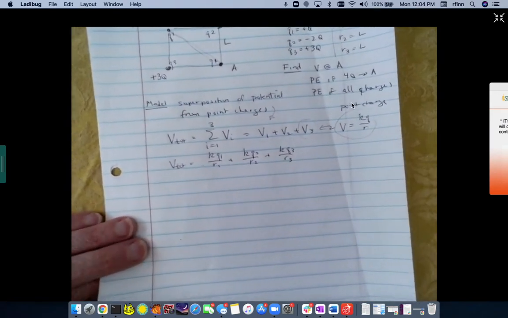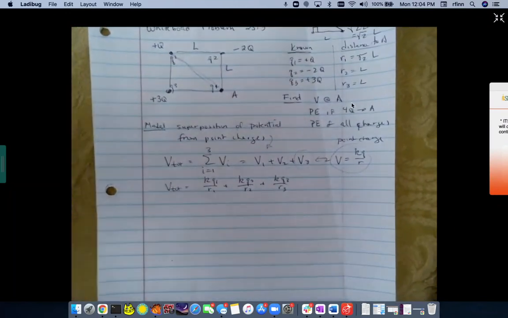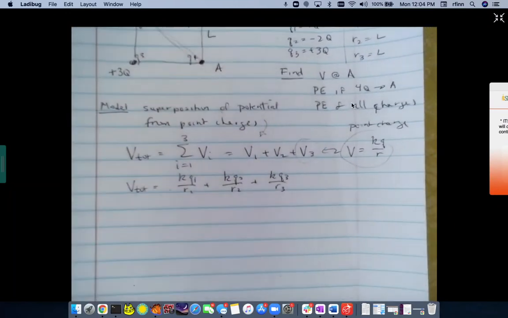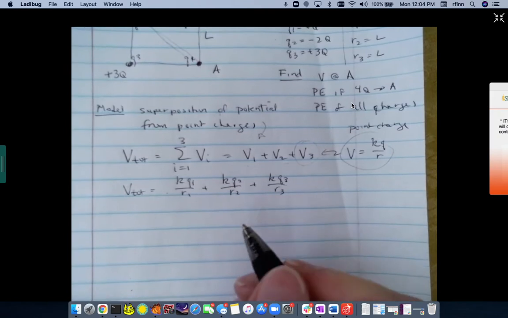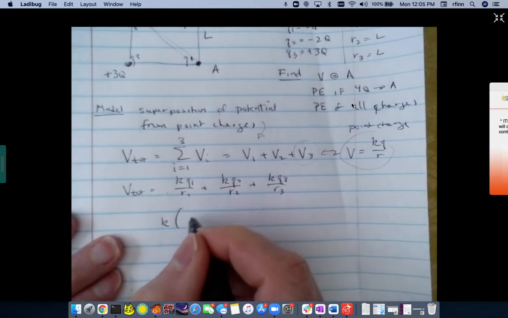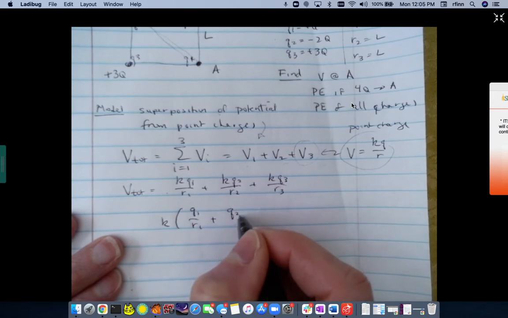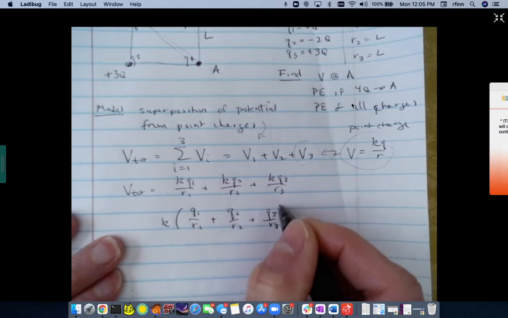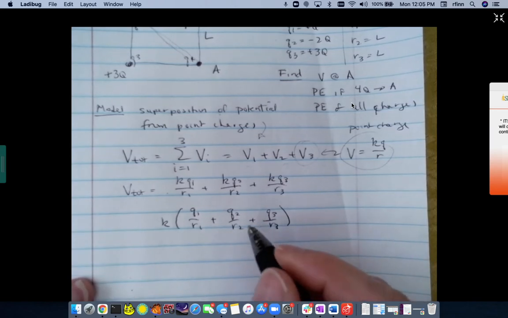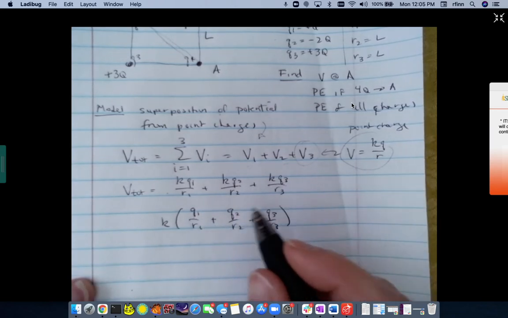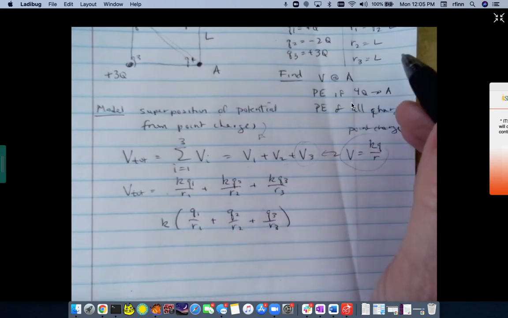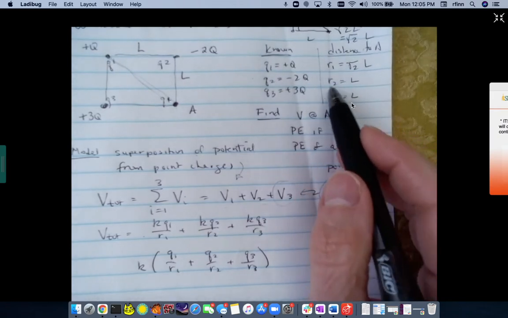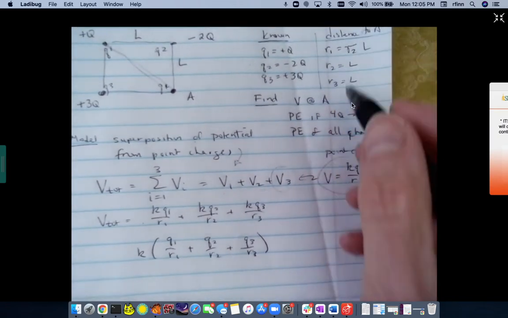Okay, and I don't want to write K every time, so I can factor that out. So I can get K times Q1 over R1 plus Q2 over R2 plus Q3 over R3. Okay, and then now we can plug in our values here. We have up here what the charges are in terms of big Q and L, and the distances in terms of L.